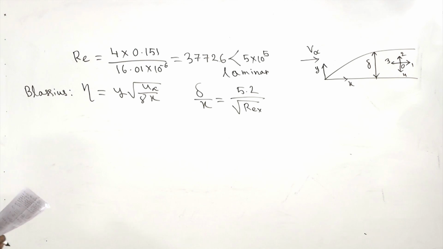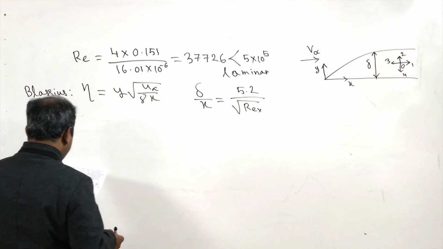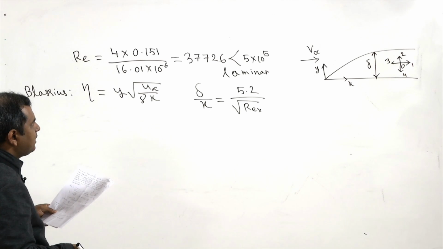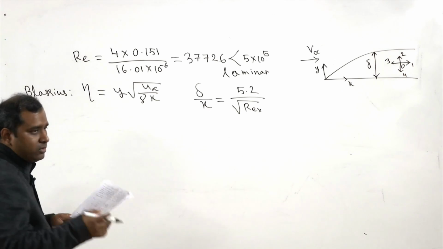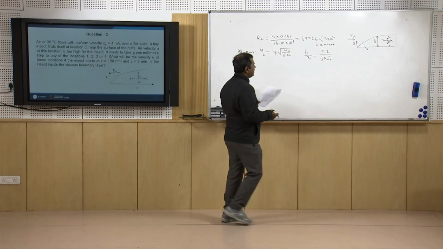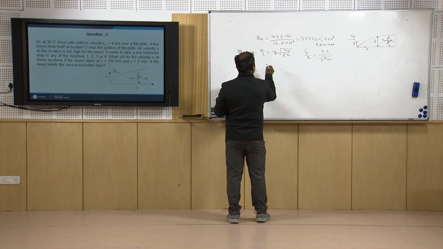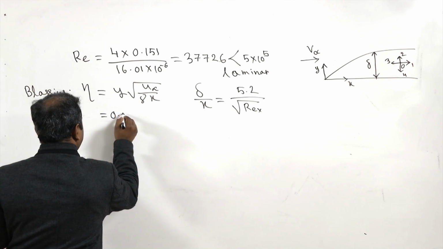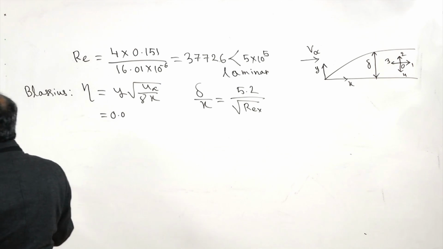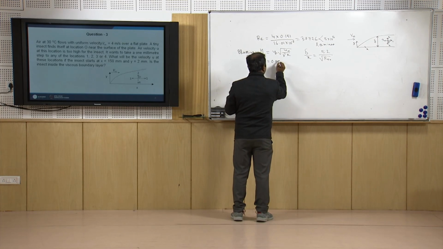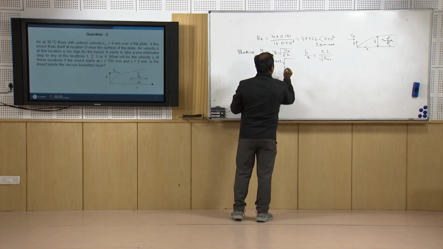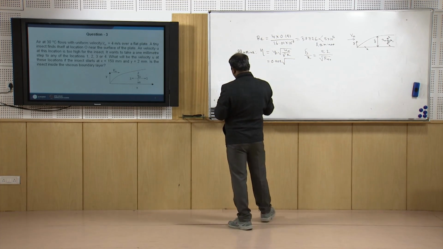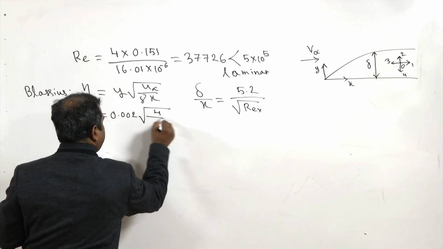So, if we try to use this, let me first find out the value of eta for the 0th location. Now, one by one we have to do it for all 5 locations. First, let us see what happens at the 0th location. So, y is actually 2 millimeters, so 0.002, root over of u infinity, which is given as 4, divided by nu.